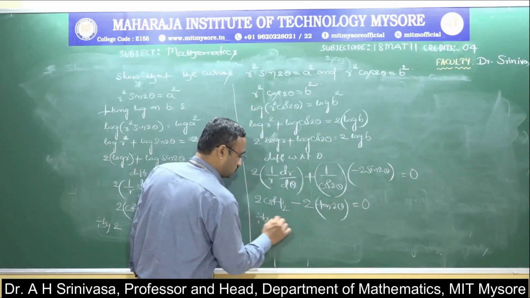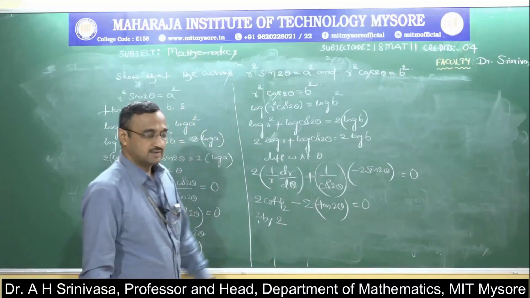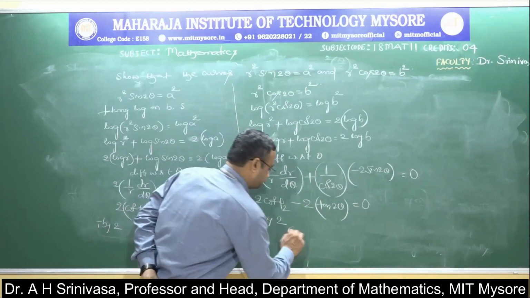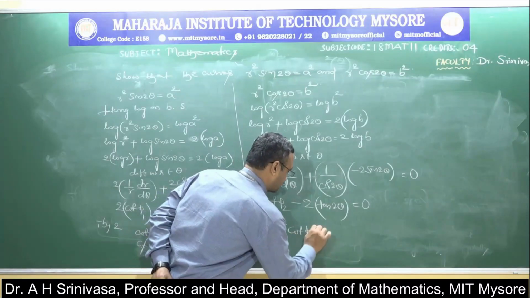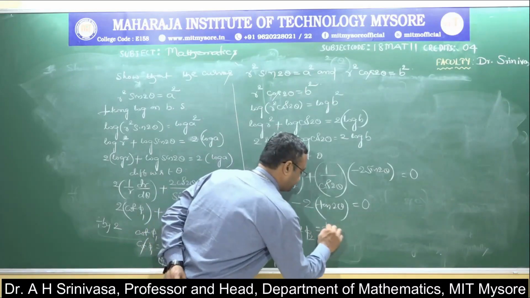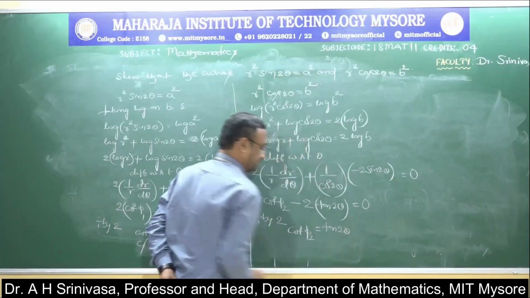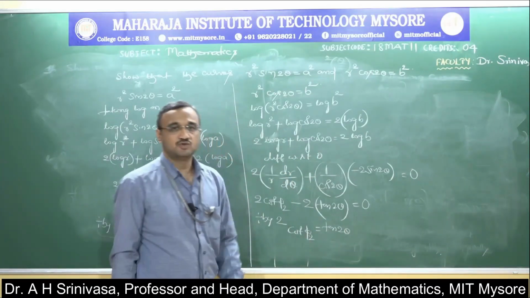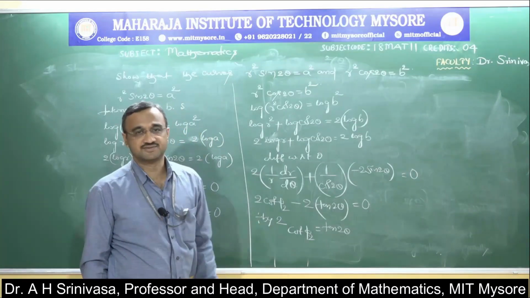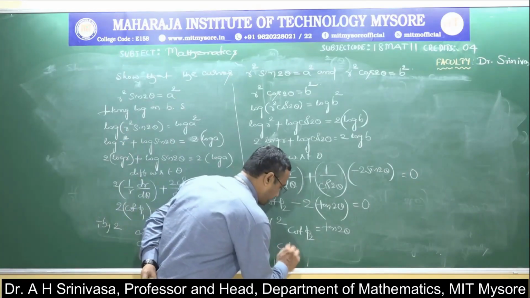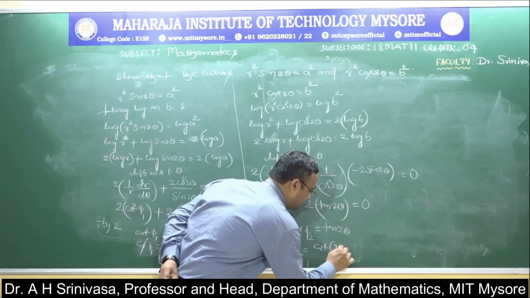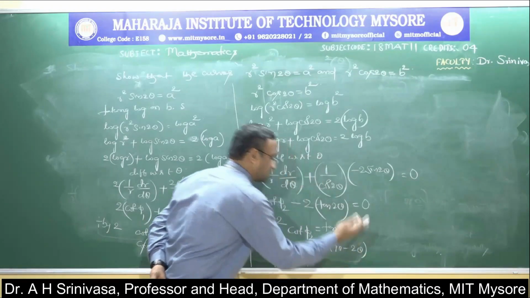Now divide by 2 both sides, then transfer this function to the other side. They become cot phi 2 equal to tan 2 theta. Now I want to find the value of phi 2 using the concept of allied angles. This tan we can write as cot of 90 minus 2 theta. You can also write it like this.